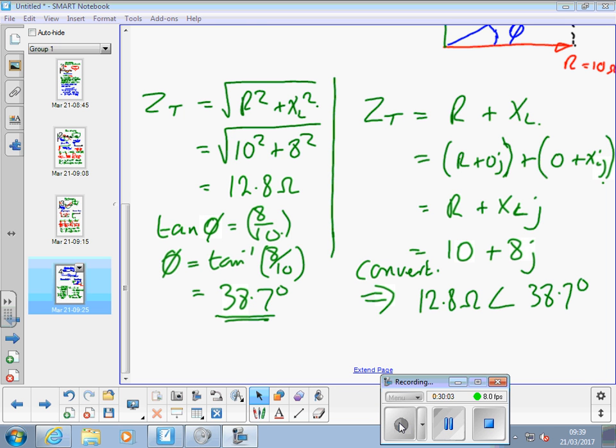Having this number in rectangular form, we can then just use the calculator to convert to polar form.